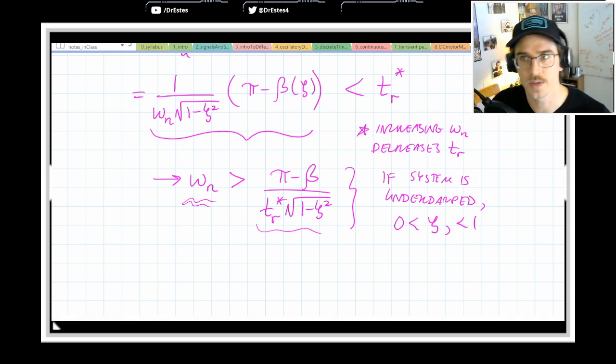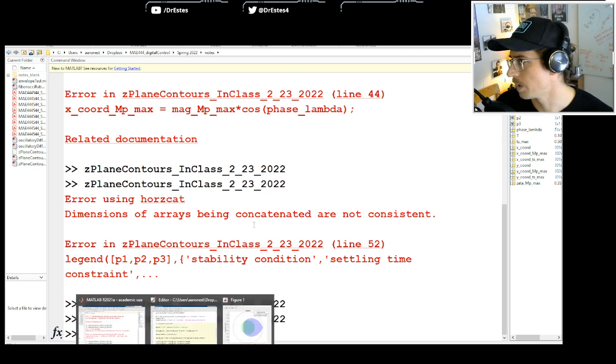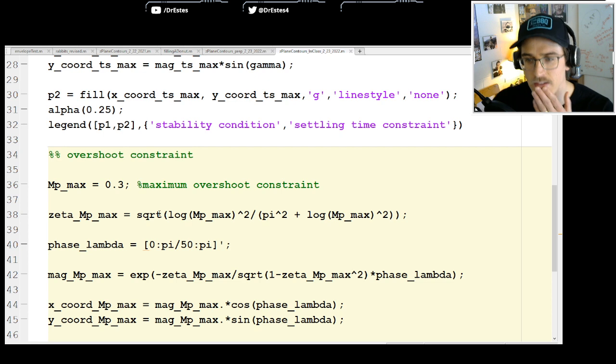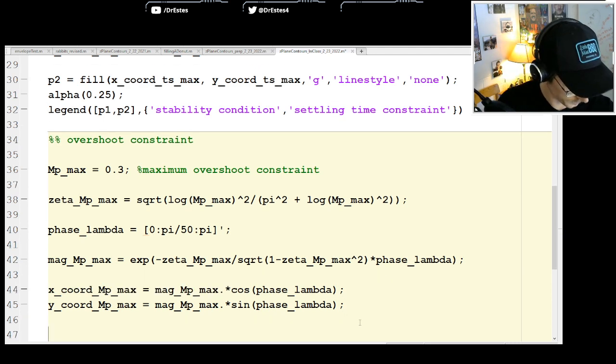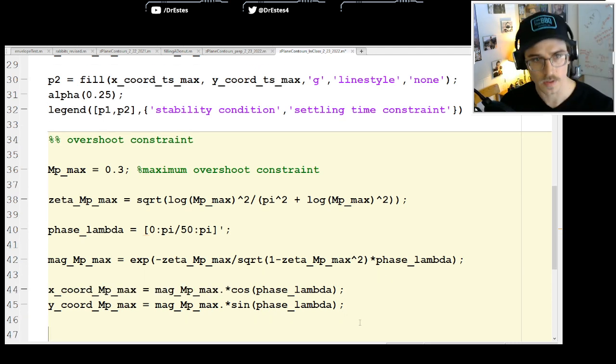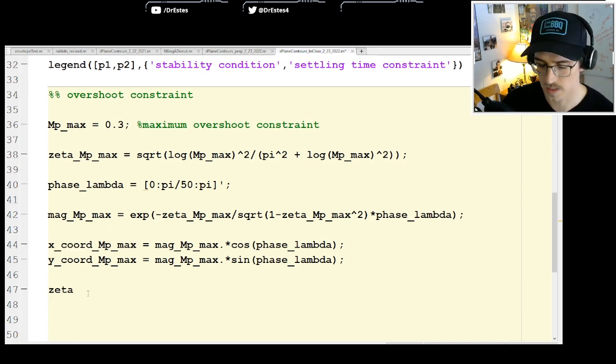So maybe let's do that first. Let's go back to MATLAB. Okay, so I'm going to call this vector of damping ratios zeta tr.